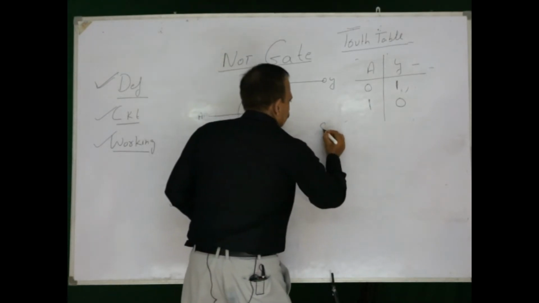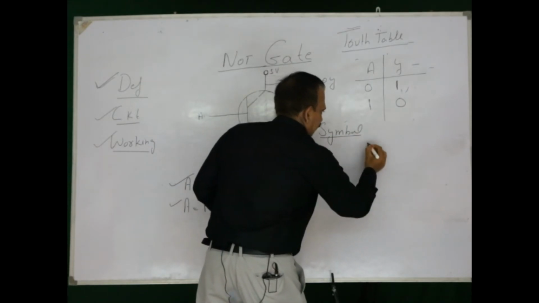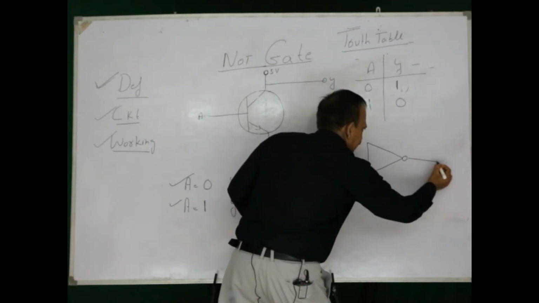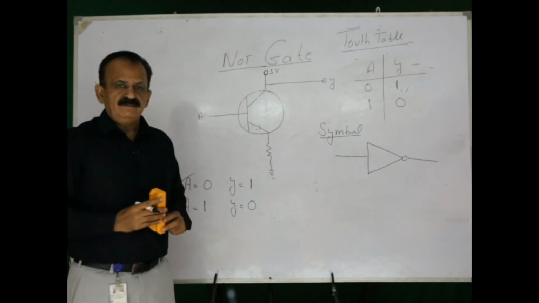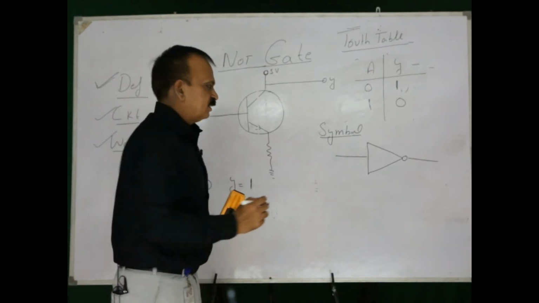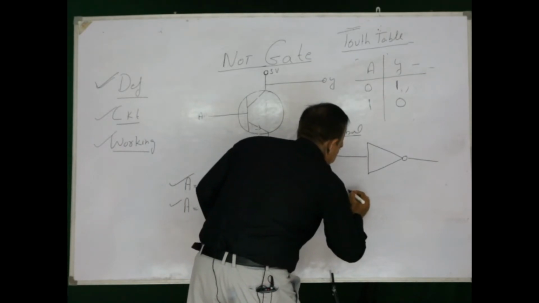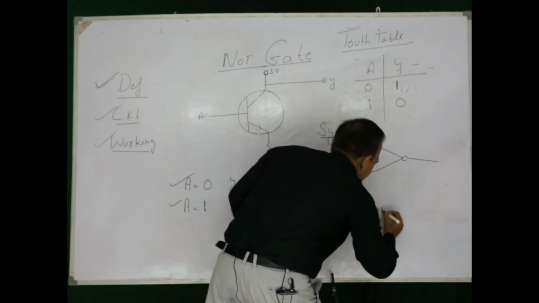Symbol. So next is symbol, and the symbol will be a triangle and a circle. This symbol represents NOT gate. Significance, and the significance of this is complement.